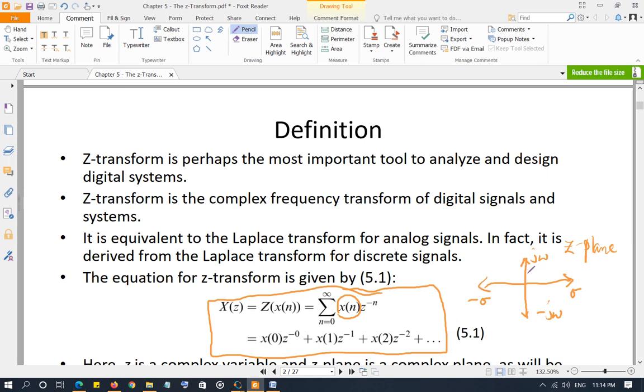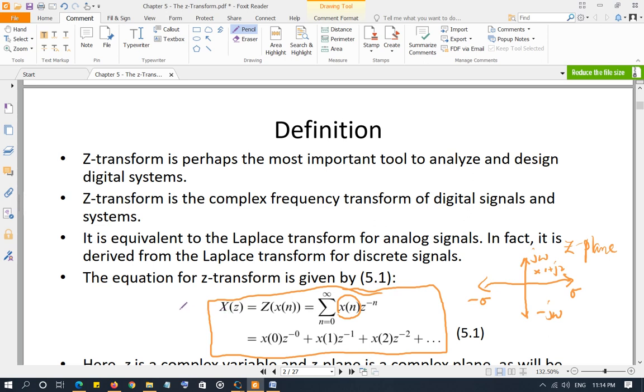So Z can be any complex number. For example, over here it can be 1 plus j2. So Z is a complex number in general. Of course, if Z is on the real axis, then it's going to be a real number, but in general it's a complex number.